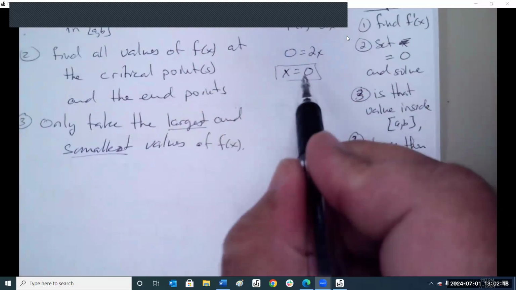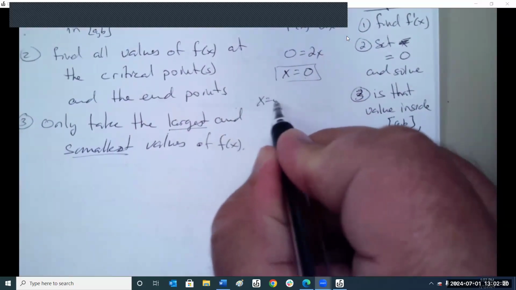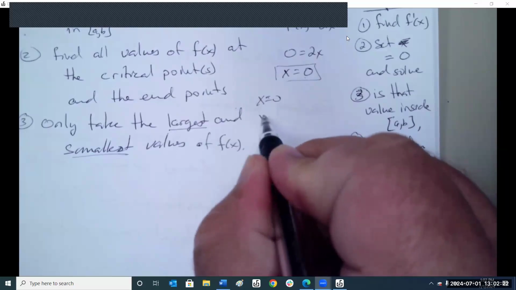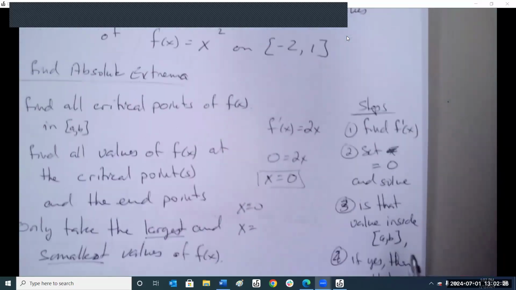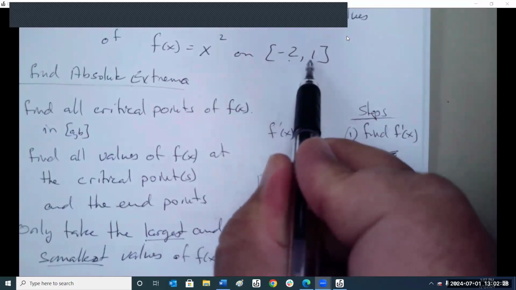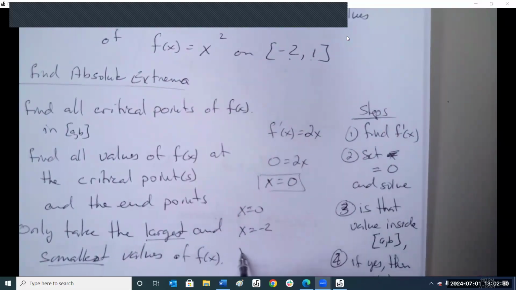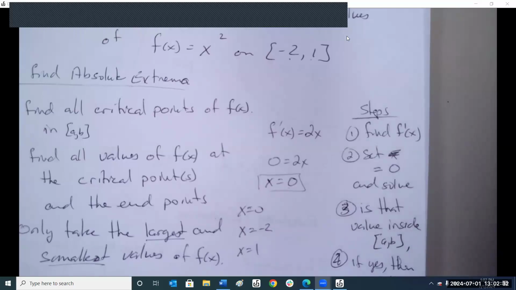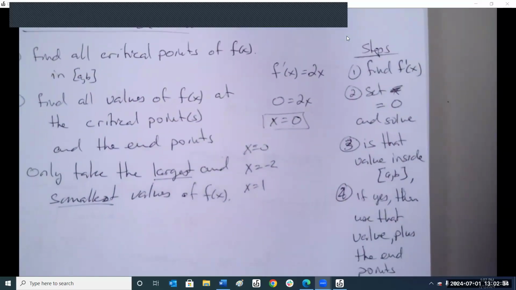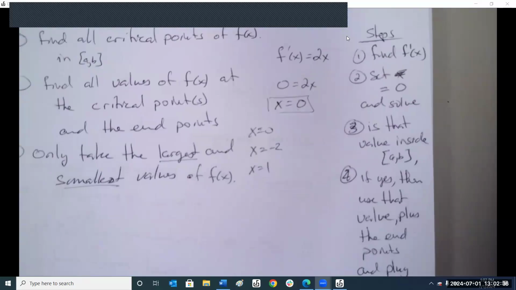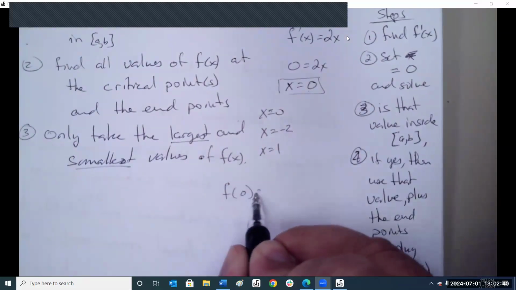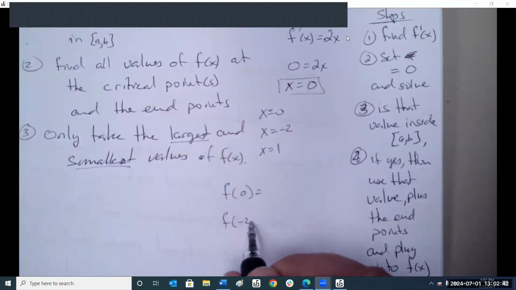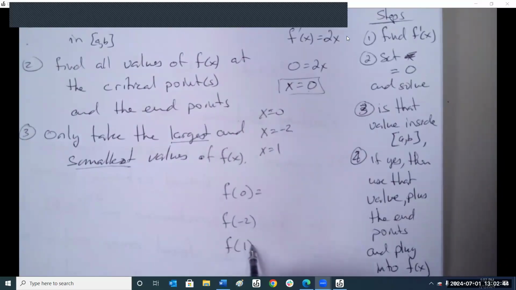So we have this x value we're going to test. What other x values are we going to test? -2 and 1. So f of 0, f of -2, and f of 1.